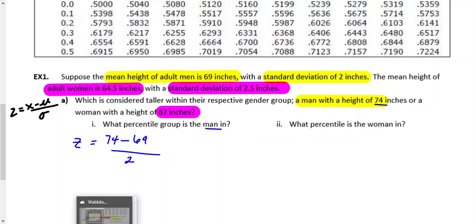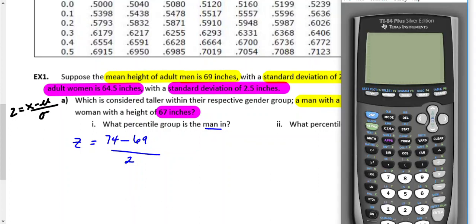So then all I have to do is go to my calculator. All right, and we would do 74 minus 69, and then divided by 2 gives me 2.5.